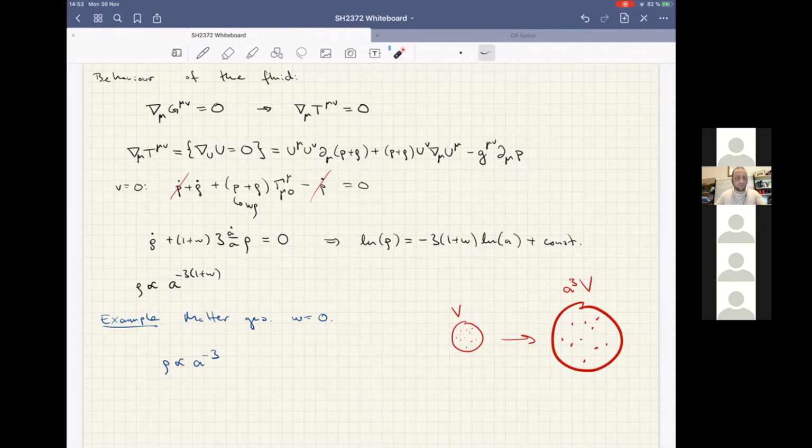String theorists may disagree. But I mean, we have no observational evidence for what the theory of quantum gravity is going to be like. So at some point, the regime of validity of general relativity is expected to break down as you come closer to this singularity.